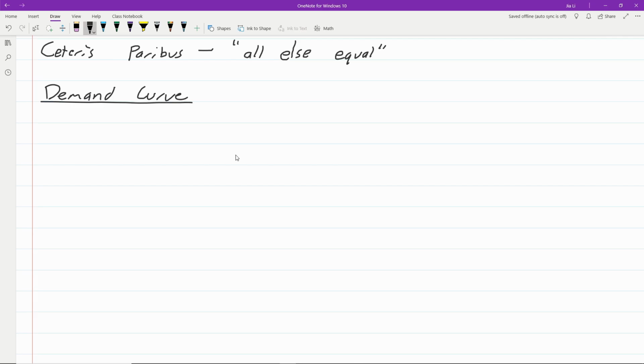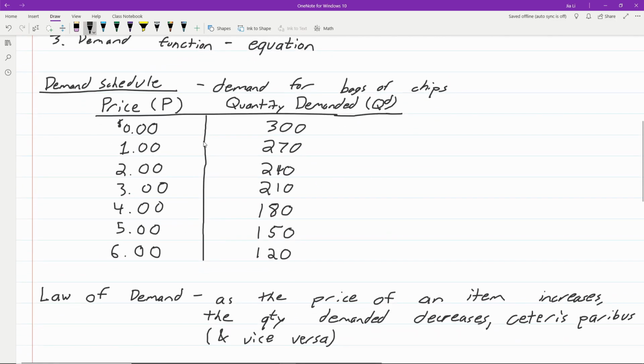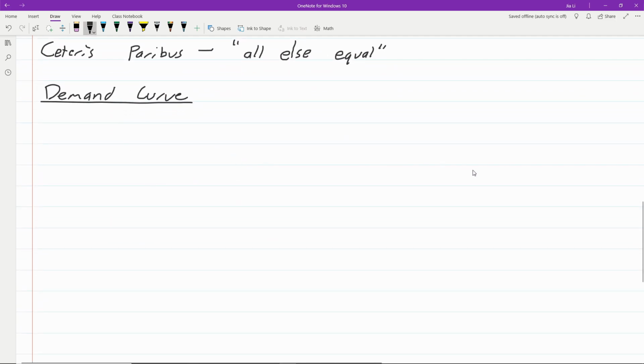So what I'll actually do is use this information right here, the same information that I just put down in the table, to graph the demand curve. An important thing to note about the demand curve: it's going to be a graph, right?